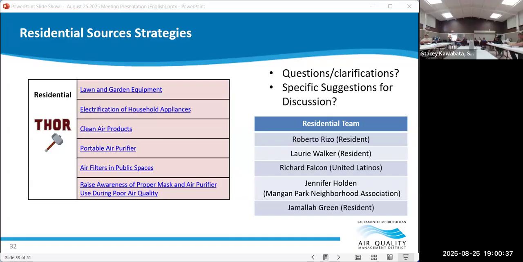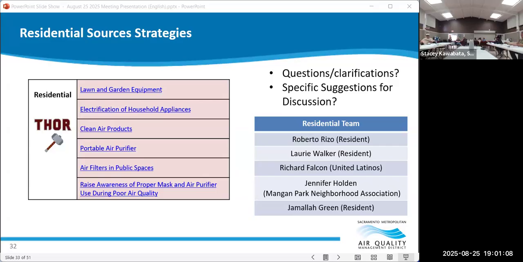Thank you. And number 6 is raise awareness of proper mask and air purifier use during poor air quality events. And the way we're thinking for this one is, we know, especially in our communities, I know I've been guilty of this, when we get the announcements that the air quality is poor, that we should be indoors, that we should be wearing a mask, we say why, right? Because we don't see it, we think that it doesn't really affect us.